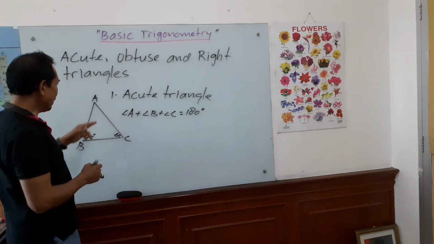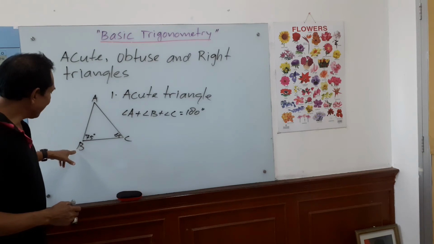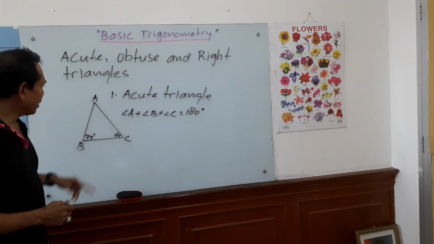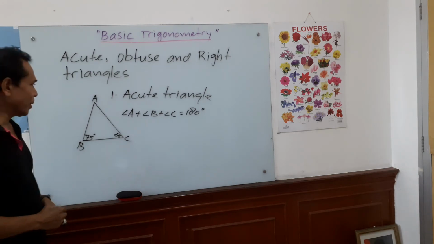Now, we look at this triangle, B, we have 75 degrees, C, we have 65 degrees, but A, we still do not know, okay?